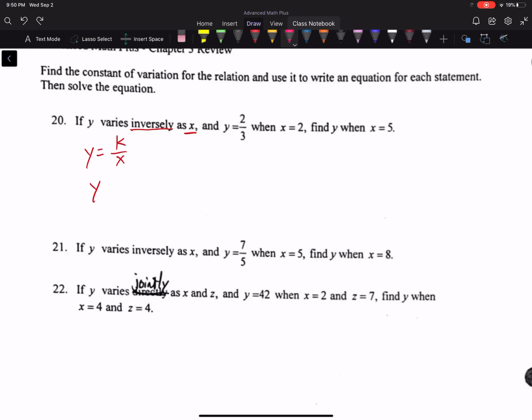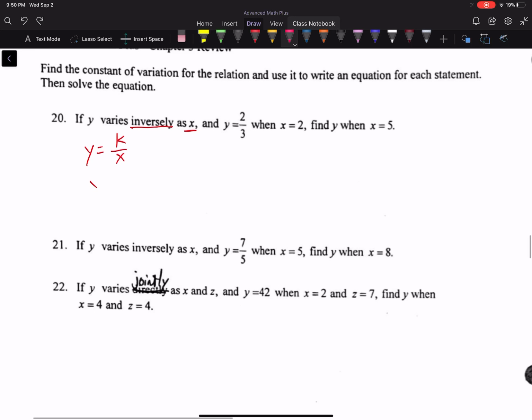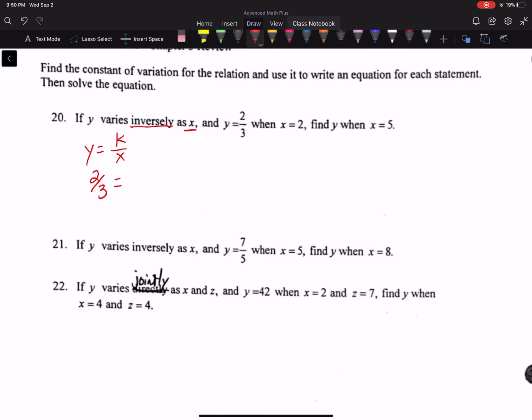Let's try this again. 2/3 equals k over x is 2. To solve for k, we're just going to multiply both sides by 2. K will be 4/3.